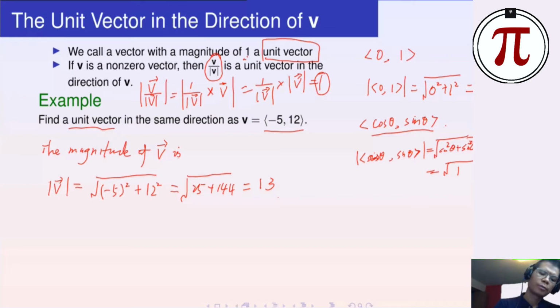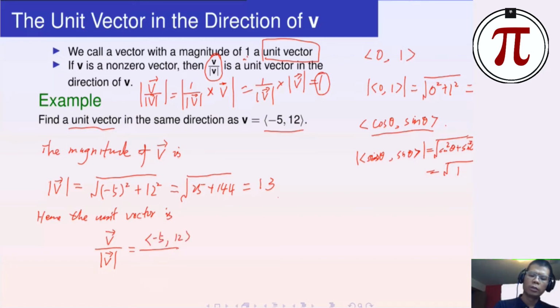The unit vector is v over the magnitude of v, which is 1 over 13 times (-5, 12). This division is a scalar multiple, so it equals (-5 over 13, 12 over 13).